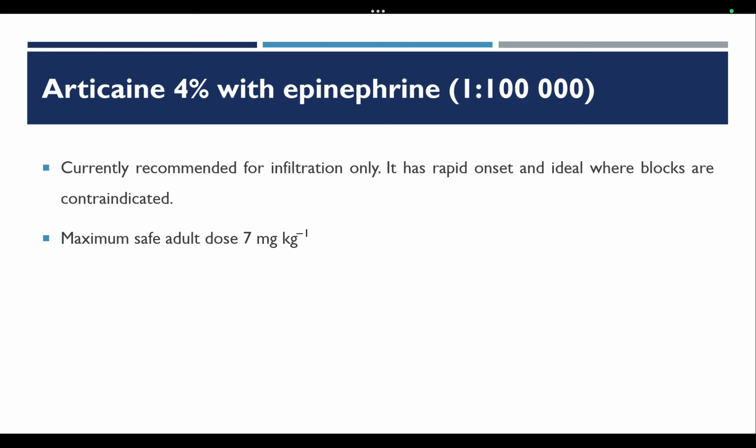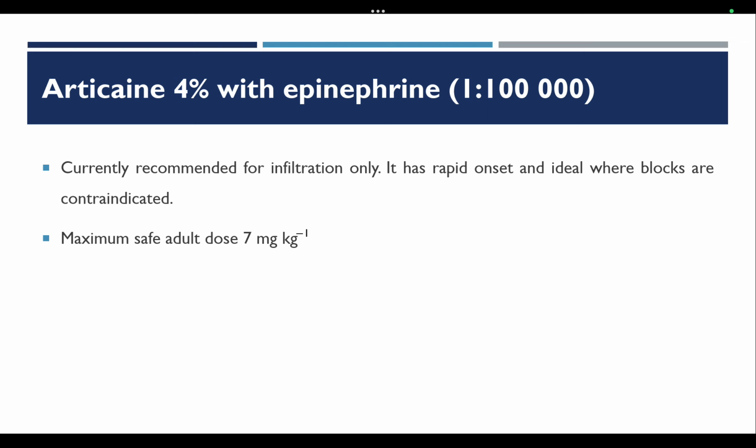Articaine 4% with epinephrine 1 to 100,000 is currently recommended for infiltration only. Why? Because it has a rapid onset, so the block will not be effective and will be non-useful in this condition.